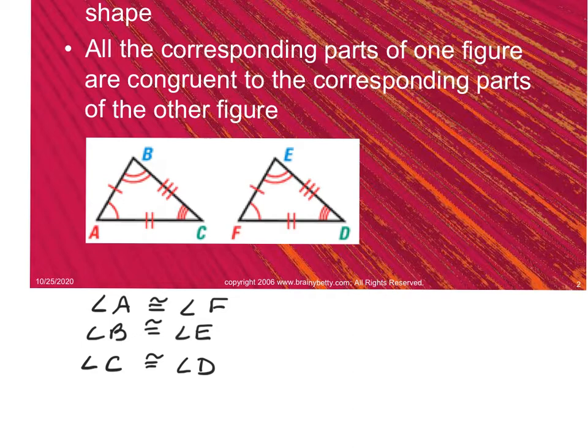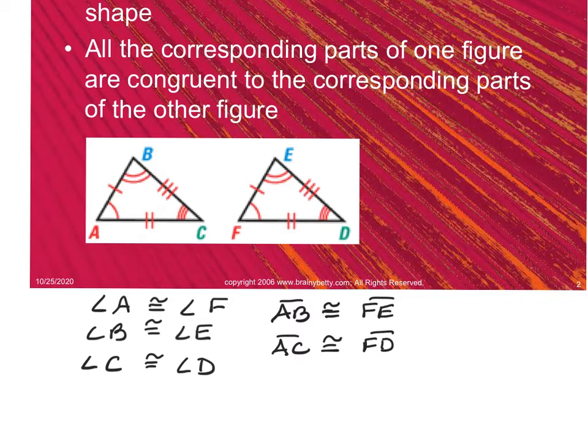Now we're going to do the same thing for the sides. So I have side AB, which has 1 congruency mark. And then I'm going to look for the same type of marking on the right triangle, and that is going to be FE. And then my next side that I could match could be AC, and it's going to match with FD.